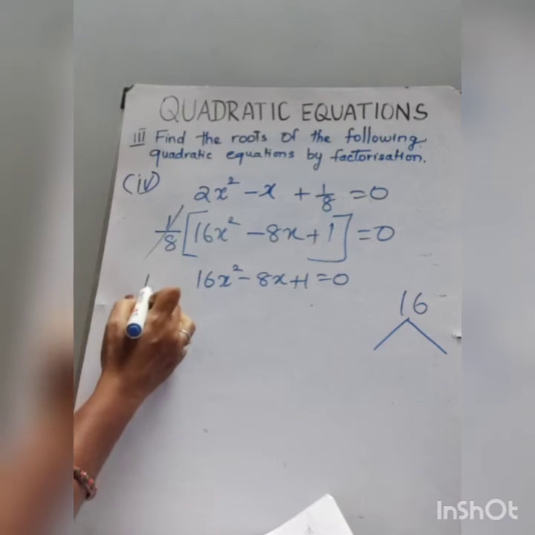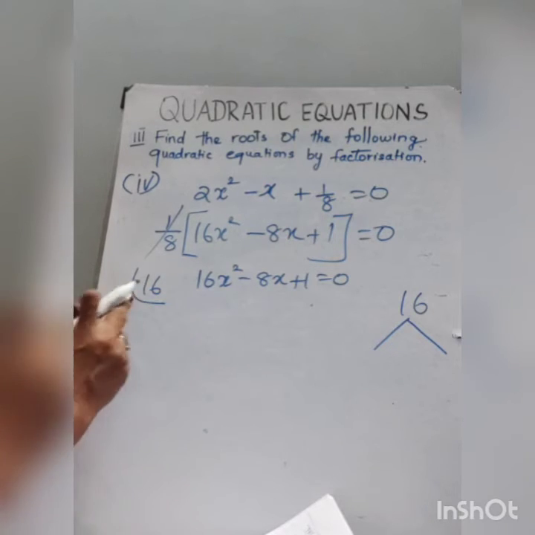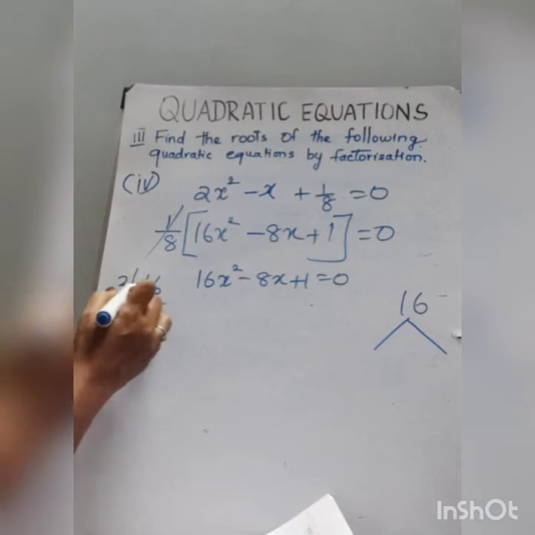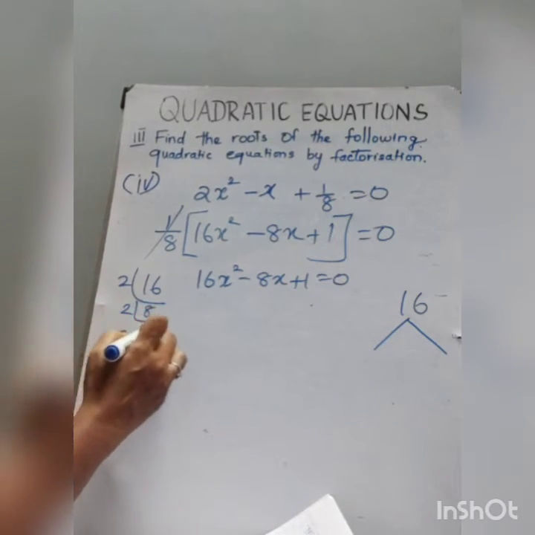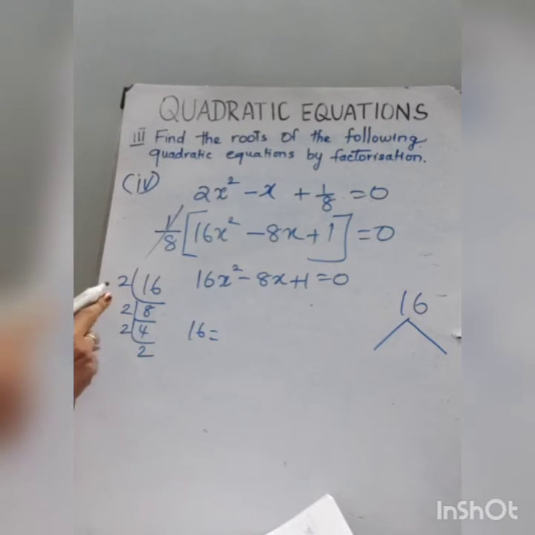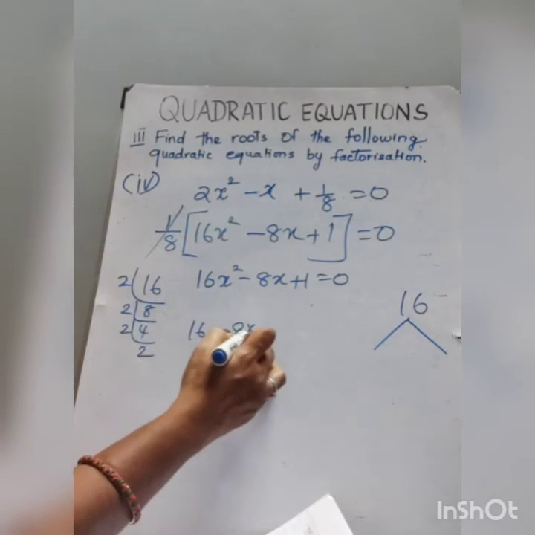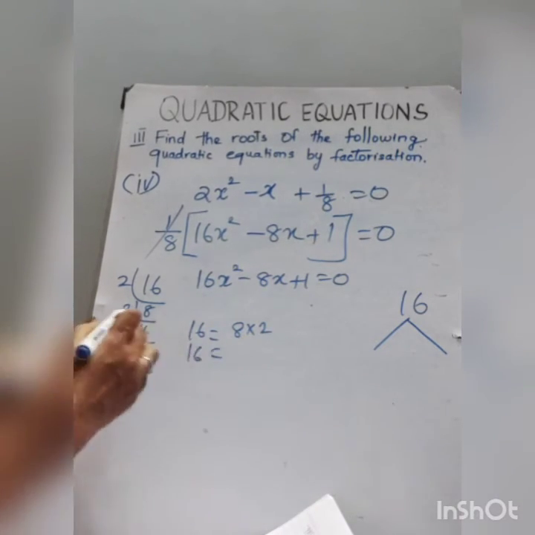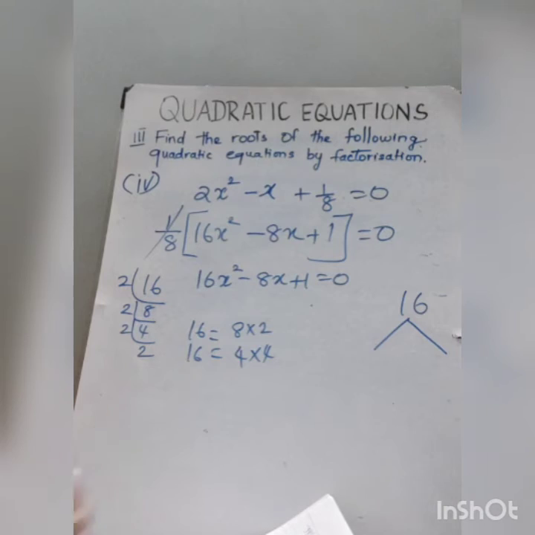So you see the prime factorization of 16: 2 8s are, 2 4s are, and again 2 2s are. You can write 16 as a combination of 8 into 2, or 16 is 4 into 4.